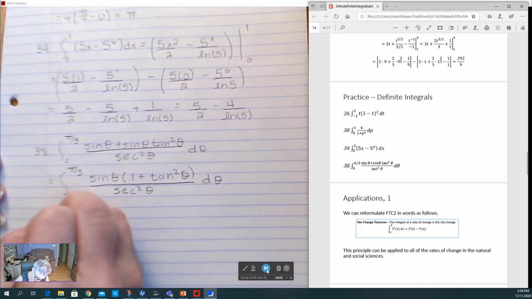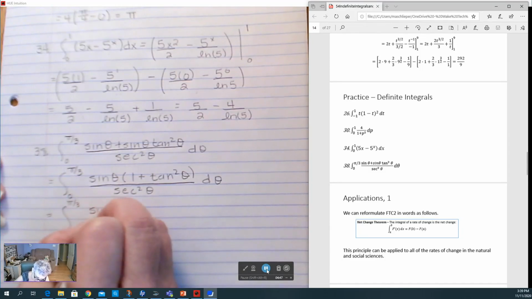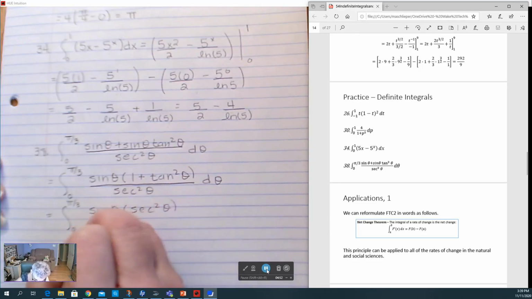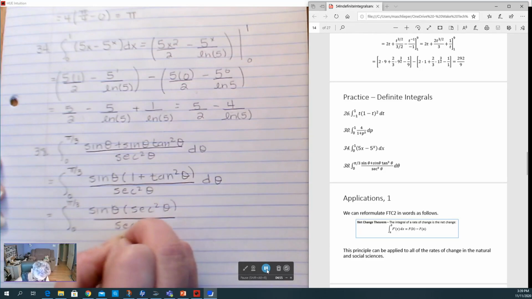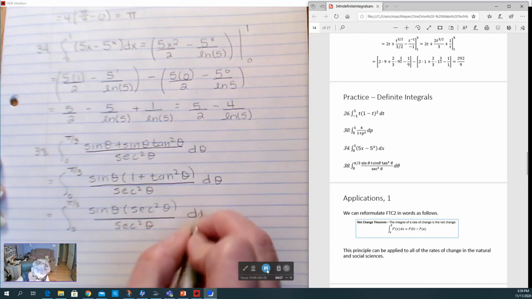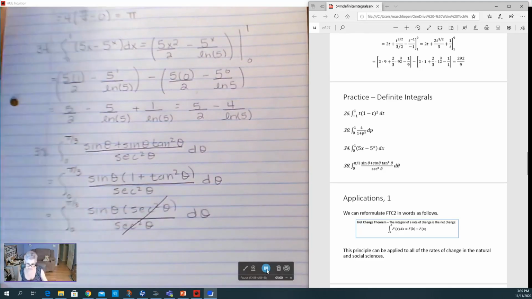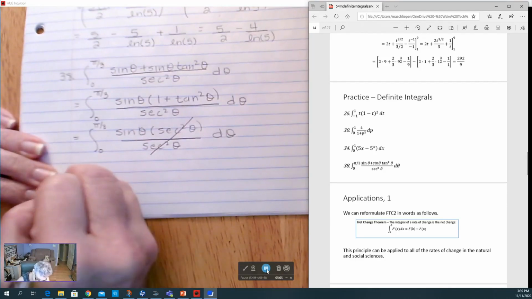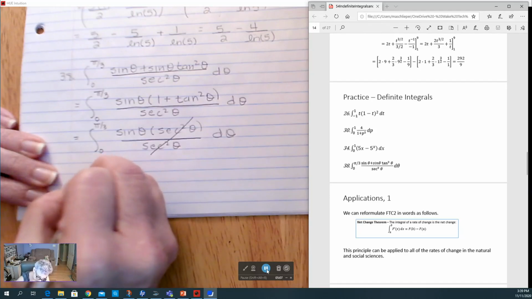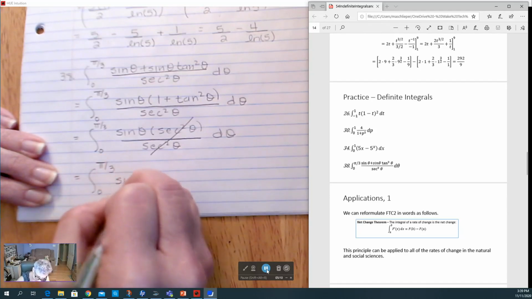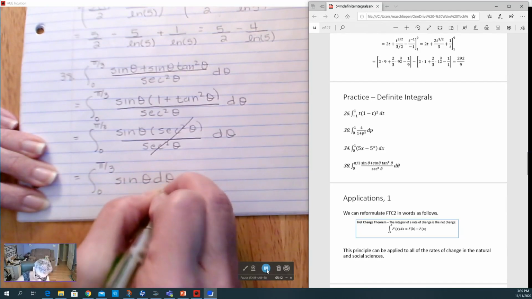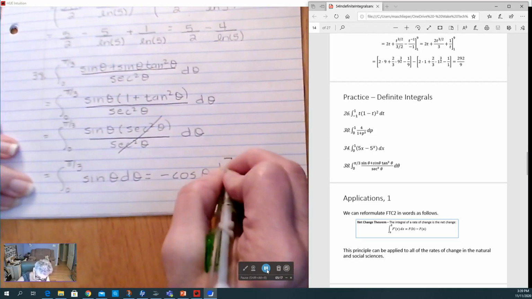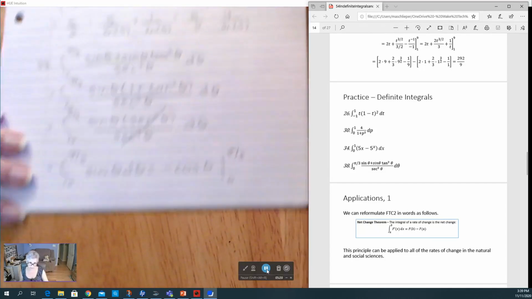So actually this is sine of theta times secant squared of theta over secant squared of theta. That goes away. So I really just have the integral from 0 to pi over 3 of sine, which is negative cosine, from 0 to pi over 3.